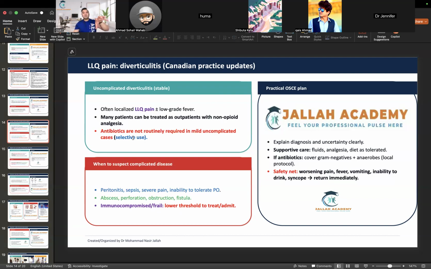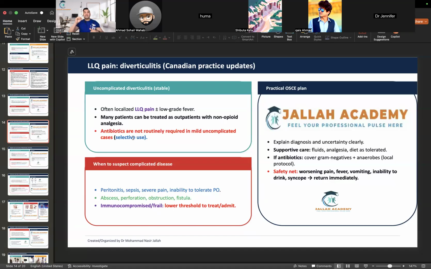So remember amoxiclav: if you have an elderly patient who requires antibiotics but needs to be treated as an outpatient, amoxiclav is the best choice, unless the patient is allergic to it or has already tried it and it didn't help. The next best option is trimethoprim-sulfamethoxazole plus metronidazole. If the patient is allergic to sulfa medication, then you switch to ciprofloxacin plus metronidazole.